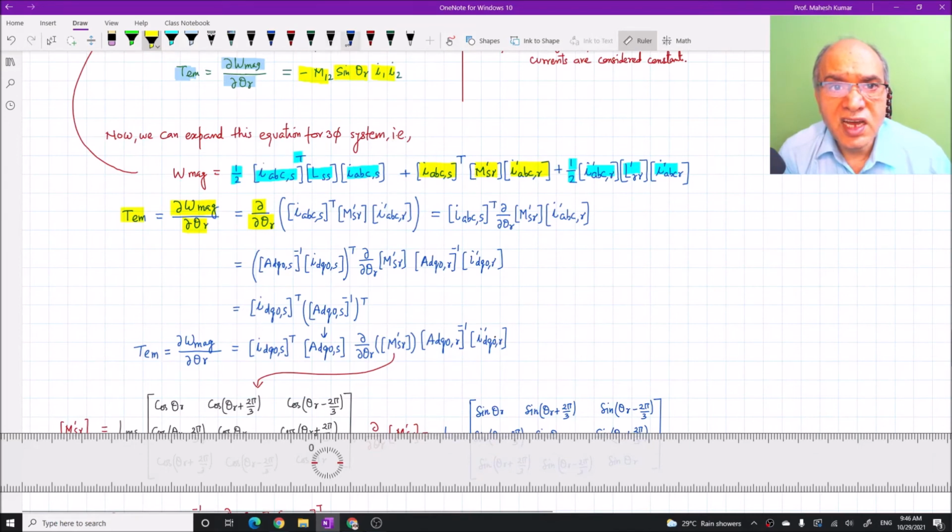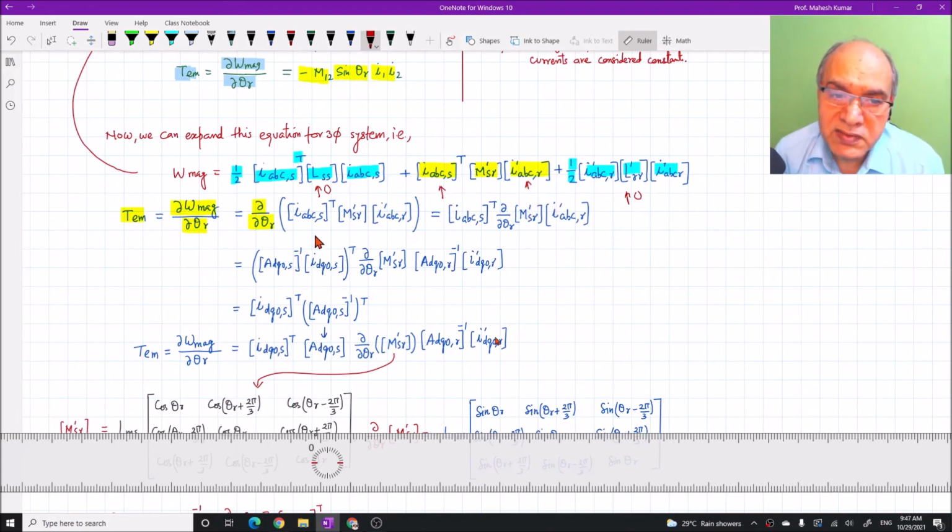Since these are constant for the given position of theta, this becomes 0, this becomes 0, these currents are taken to be constant. So the derivative of the whole term becomes the derivative of MS R dash.